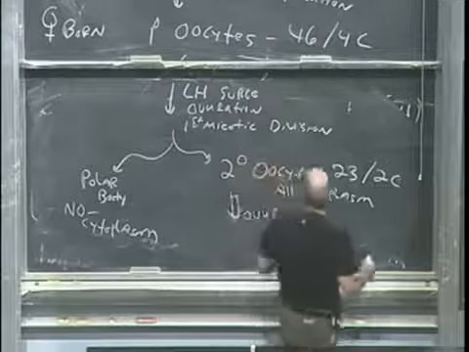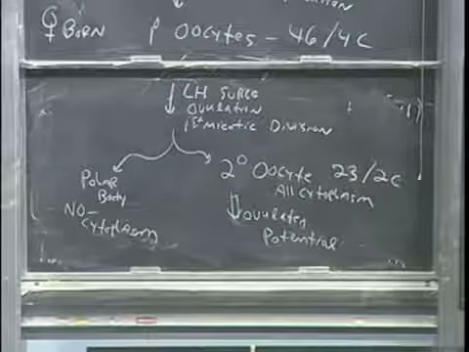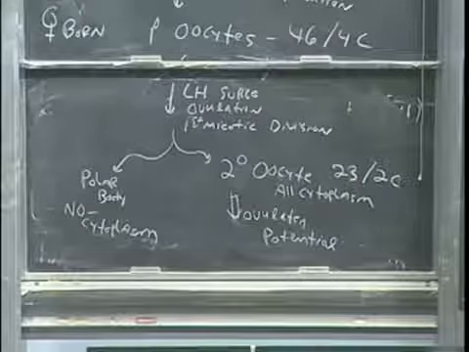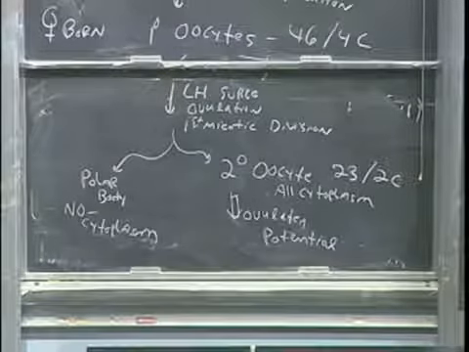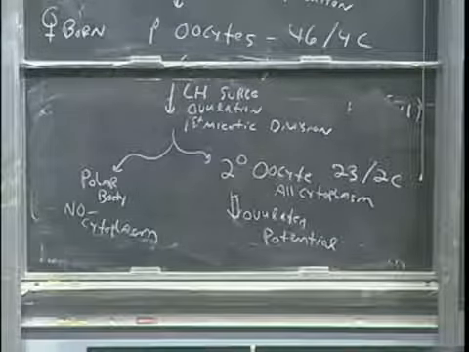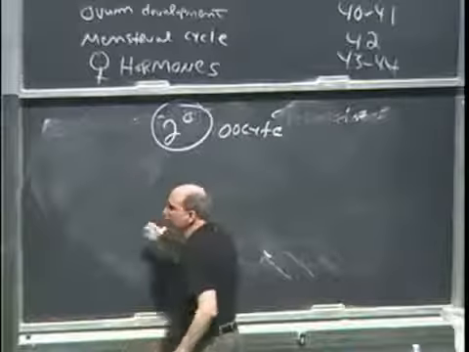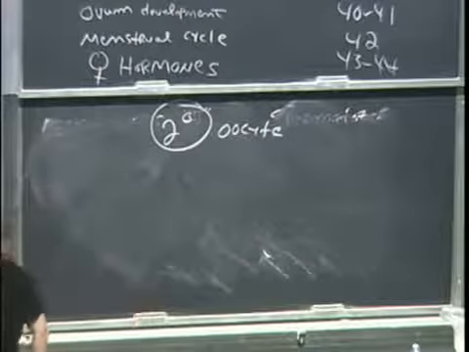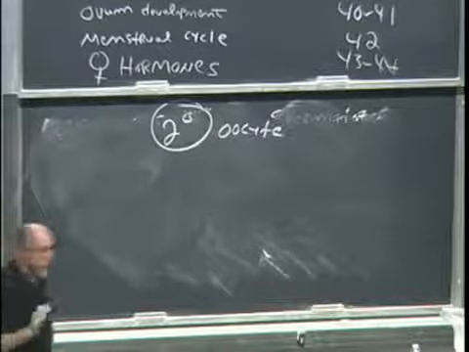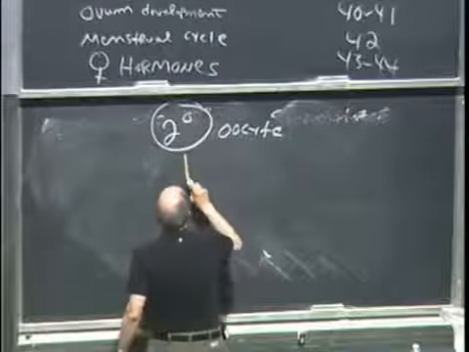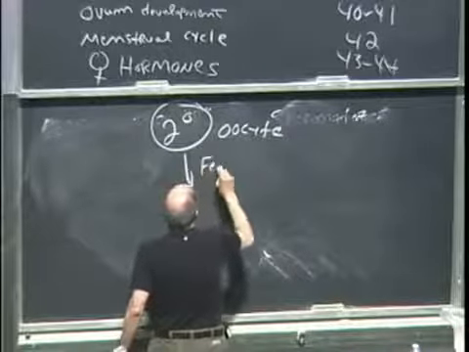So let's go over here. How does that form an ovum? That begs that question. So you have the secondary oocyte. This does not form an ovum nucleus until you have fertilization. What happens is you've got fertilization.